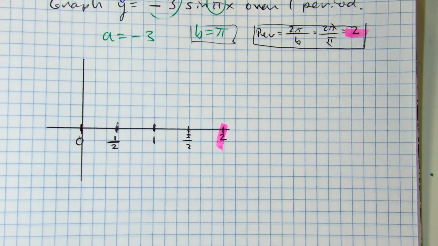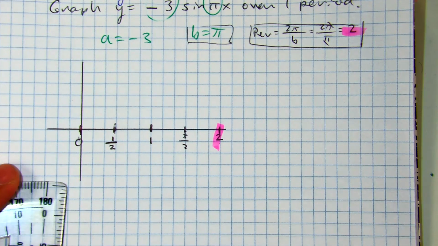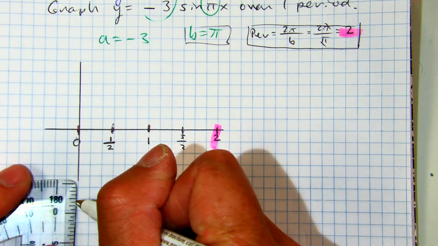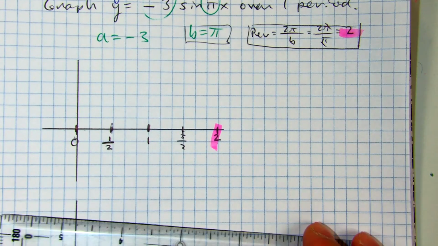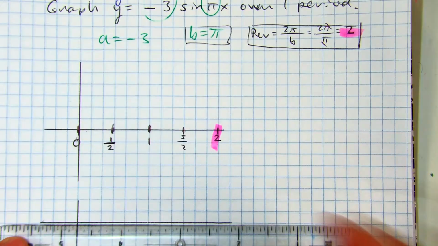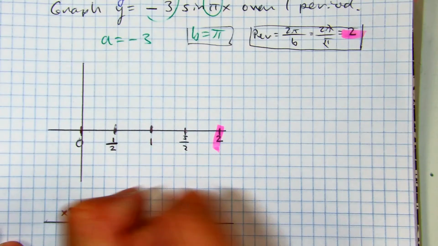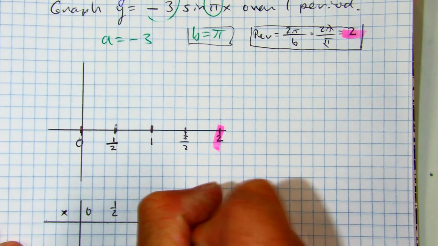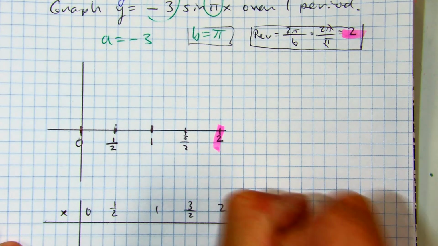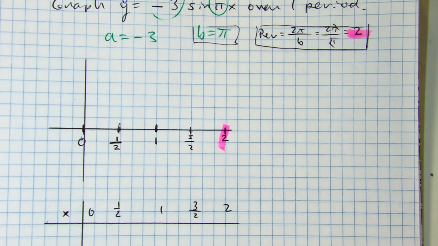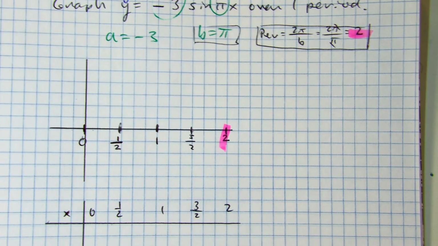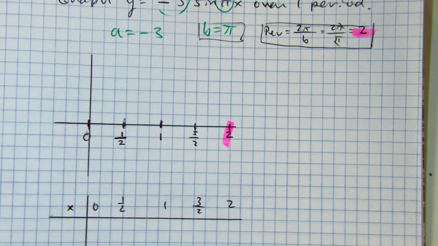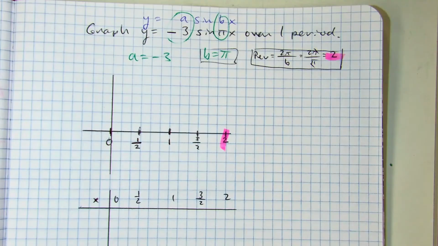Okay. Now we got to make our table of values. There's my 5 x values. Zero, 1/2, 1, 3/2, and 2. Class, which direction am I going to go on our function here?